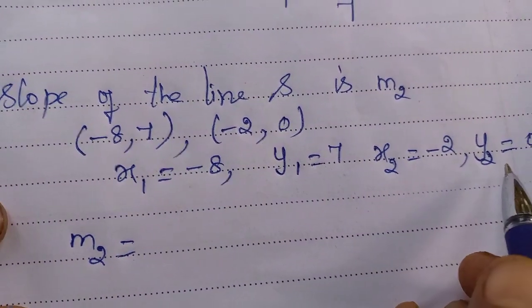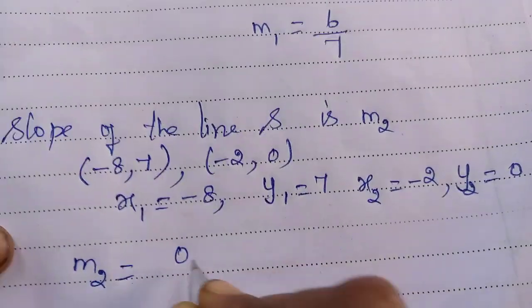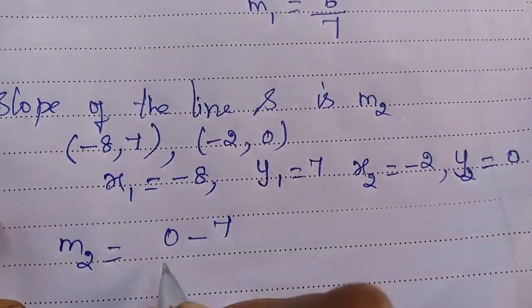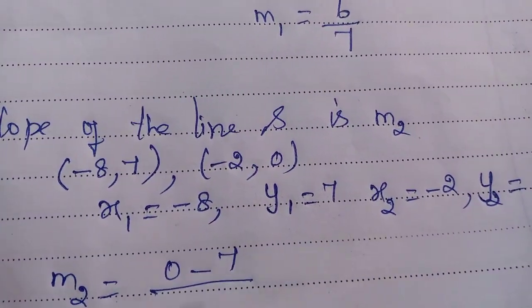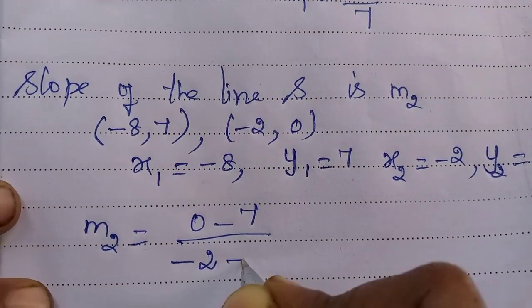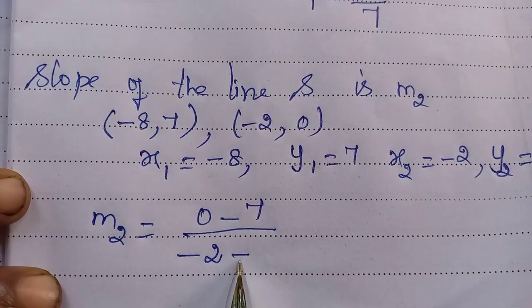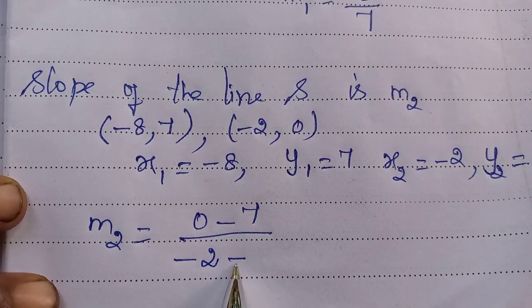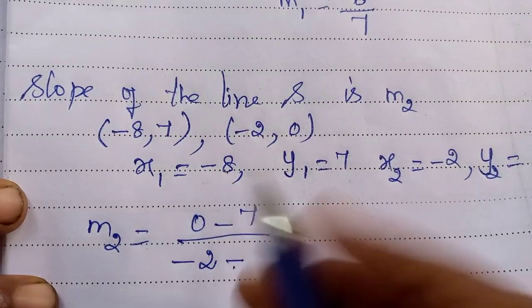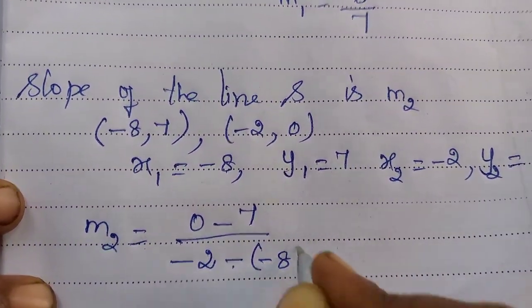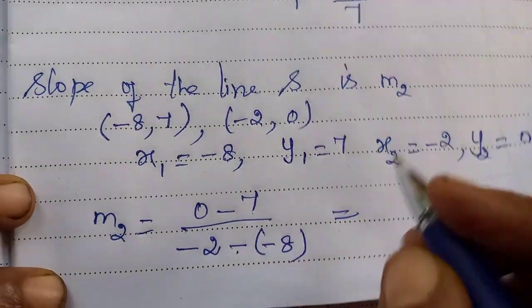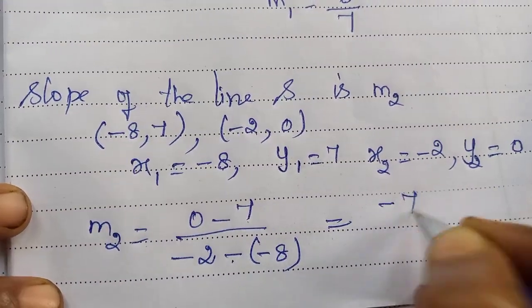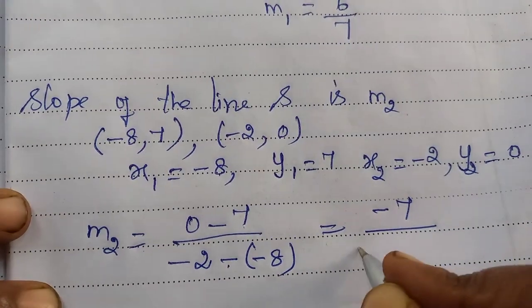What is y2? 0. 0 minus, what is y1? 7, divided by, what is x2? Minus 2 minus, it is formula minus, x2 minus x1. So, x1 is minus 8. So, minus of minus 8, which is equal to, what is 0 minus 7? Minus 7 divided by minus 2.